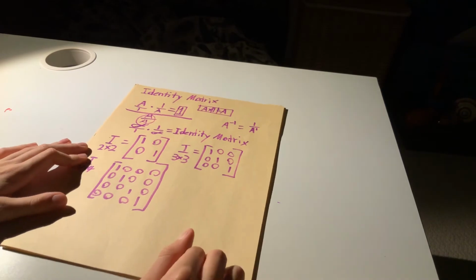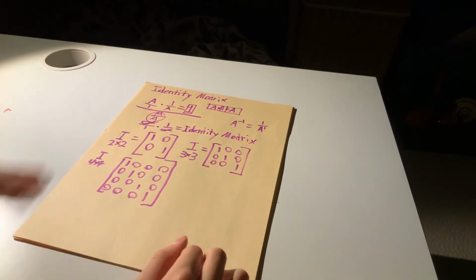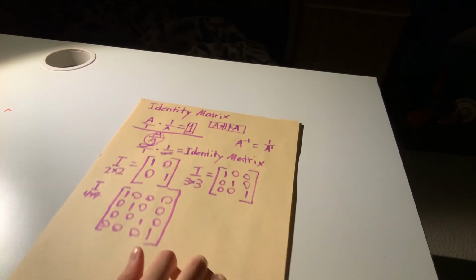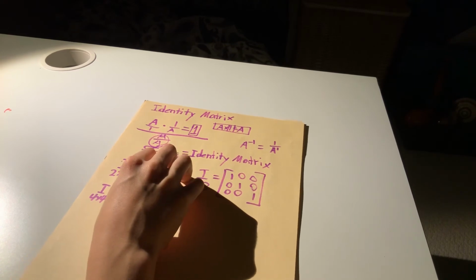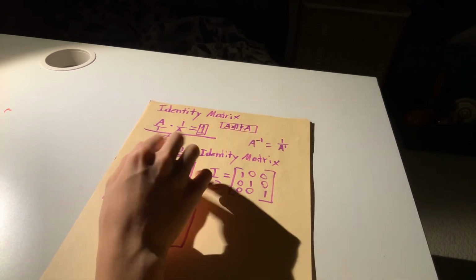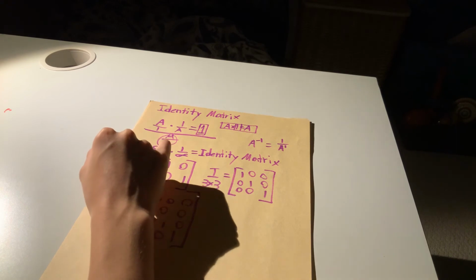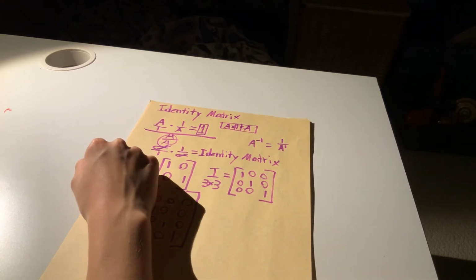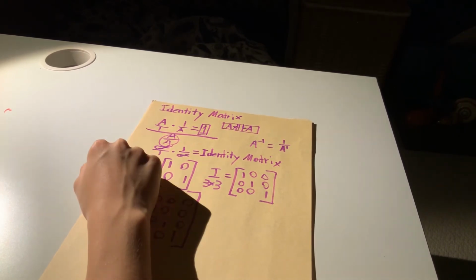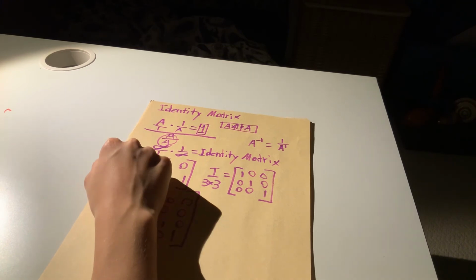Oh, identity matrices. This one was one of my favorites. Identity matrices can be compared to the identity law on natural numbers, integers, or for that matter, real numbers.